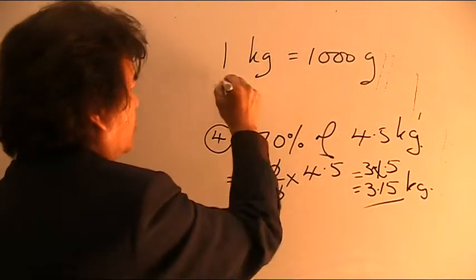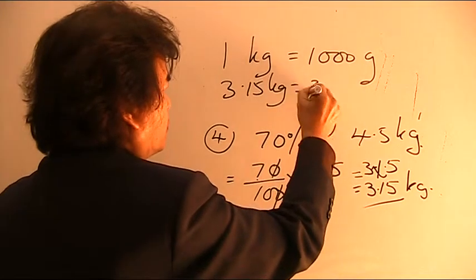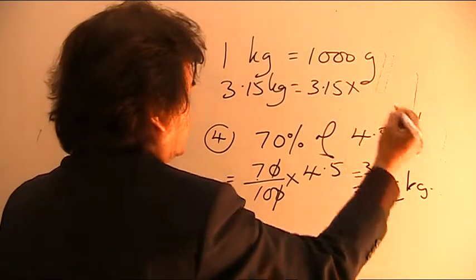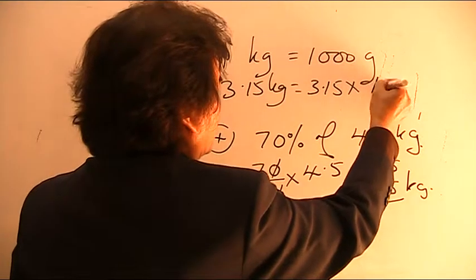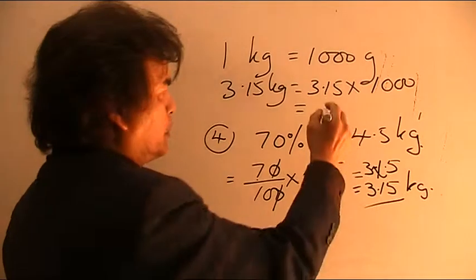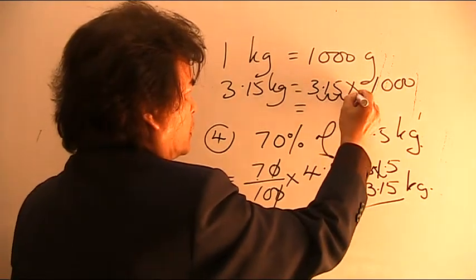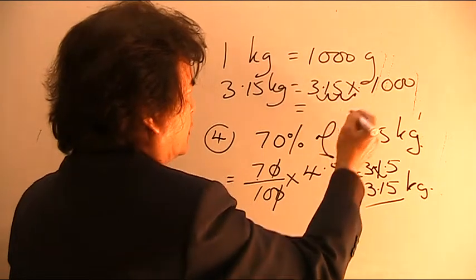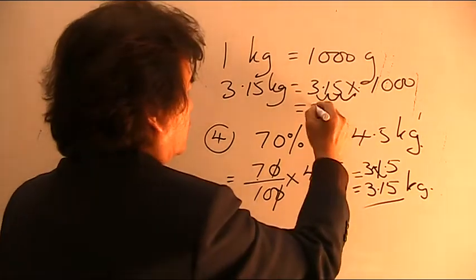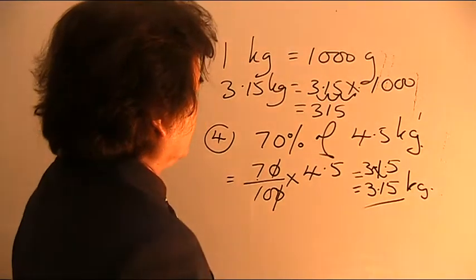Therefore, 3.15 kilogram equals to 3.15 multiplied by 1,000. That gives you, just shift 3 decimal places to the right. 1, 2, 3. That will be 3, 1, 5, 0.